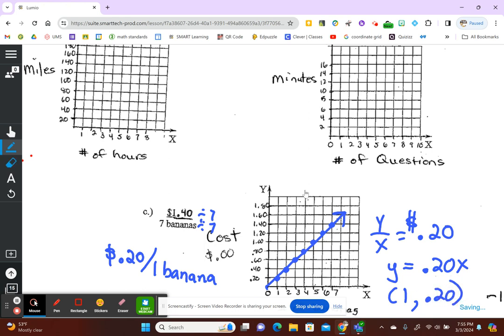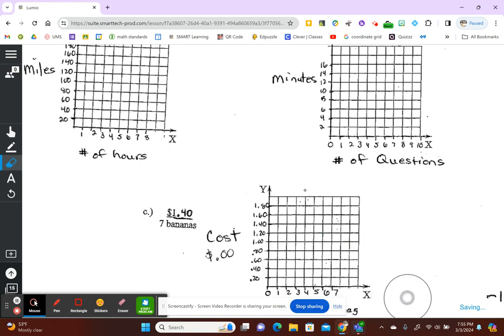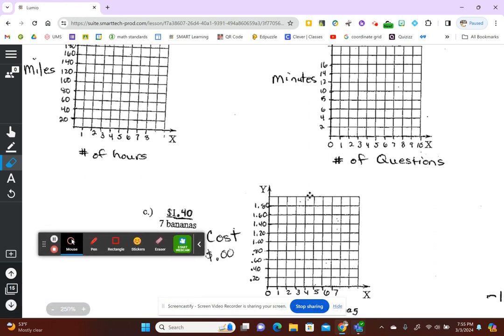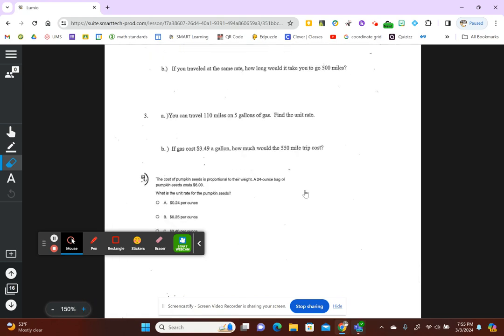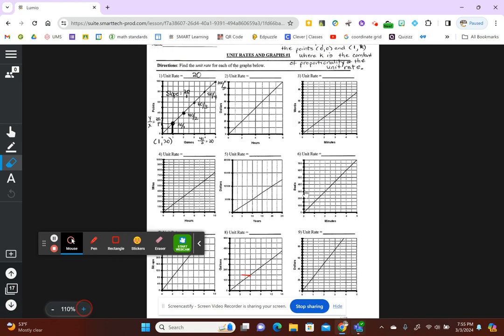Okay, so let's look at the next page, and we're going to look at some graphs and decide what the unit rate is. We're going to skip page 16 and go to page 17.